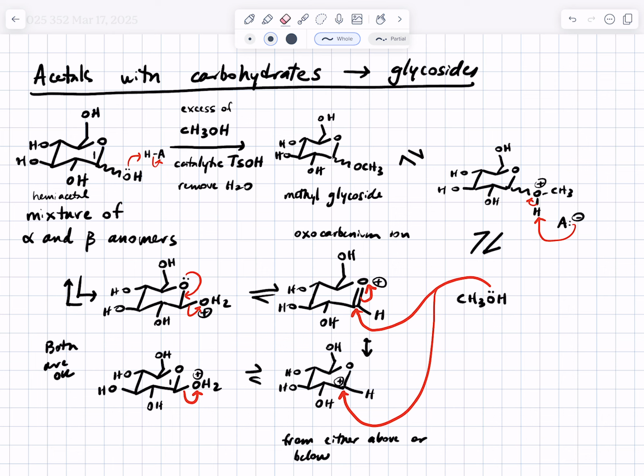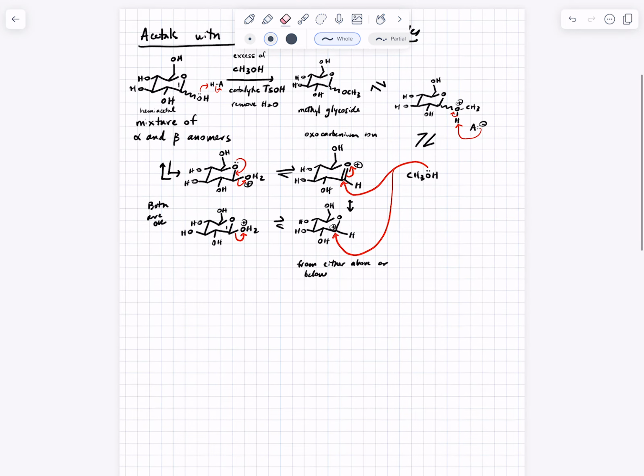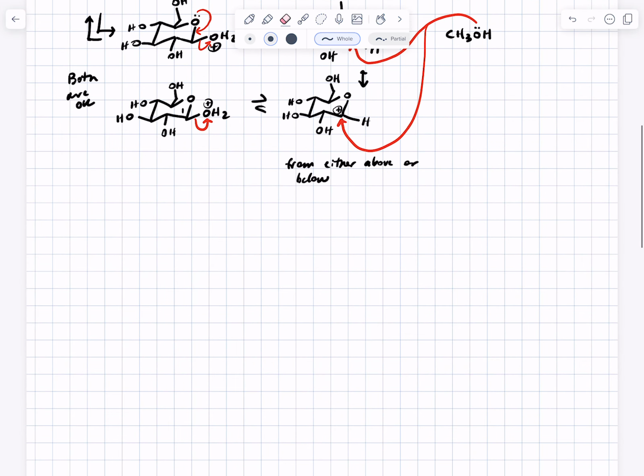All right. So let's talk about making glycosides where the alcohol is not just a small molecular weight alcohol, but where the OH group of the alcohol is actually another carbohydrate. Okay? So imagine combining two glucose molecules together.